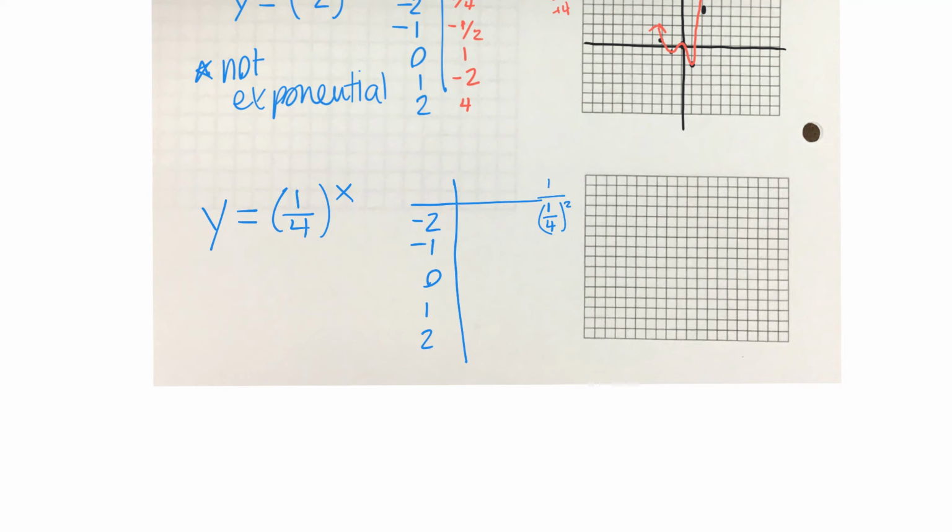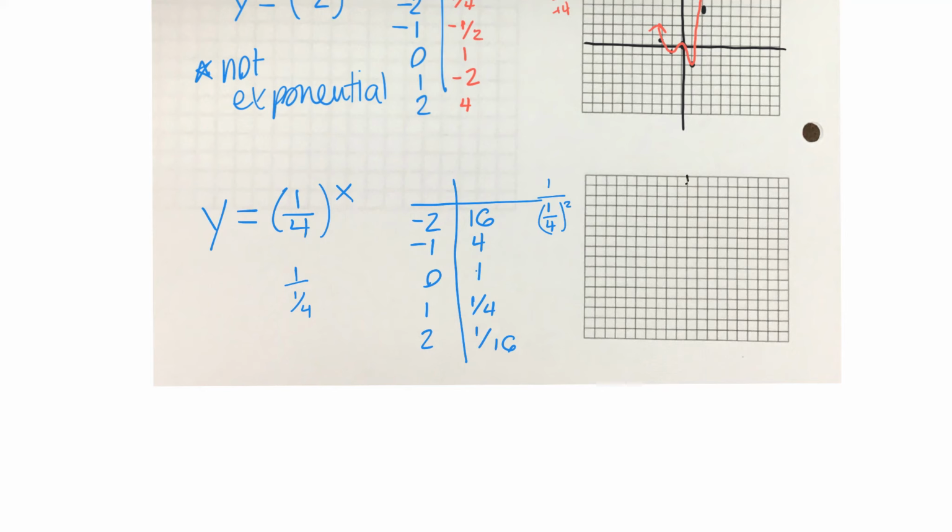So 1/4 squared is 1/16. 1 divided by 1/16 is 16, right? And 1/4 to the -1 is 1 over 1/4, which is 4. 1/4 to the 0 is 1. 1/4 to the 1 is 1/4. And 1/4 squared is a 16th.